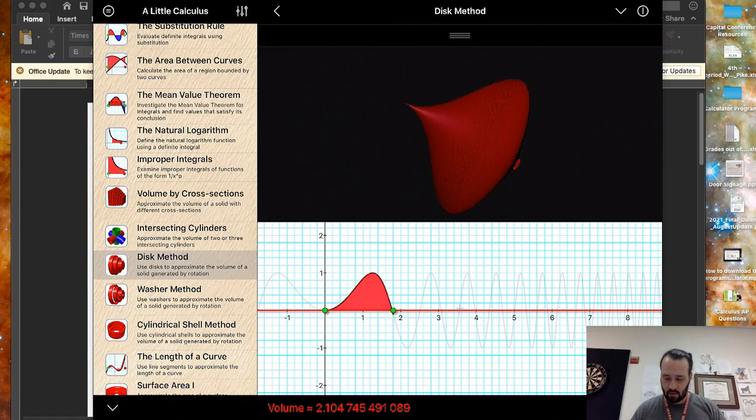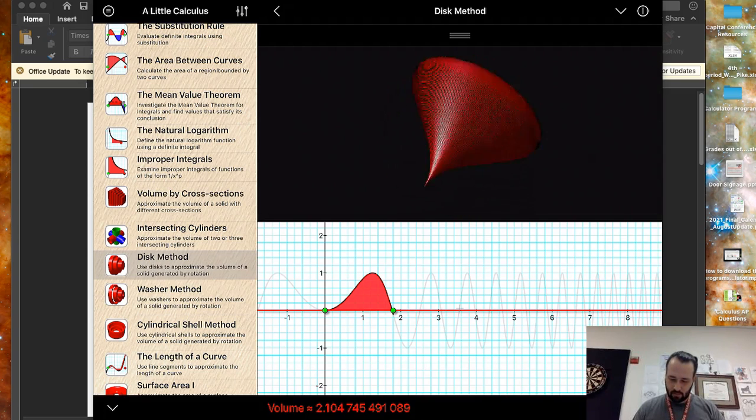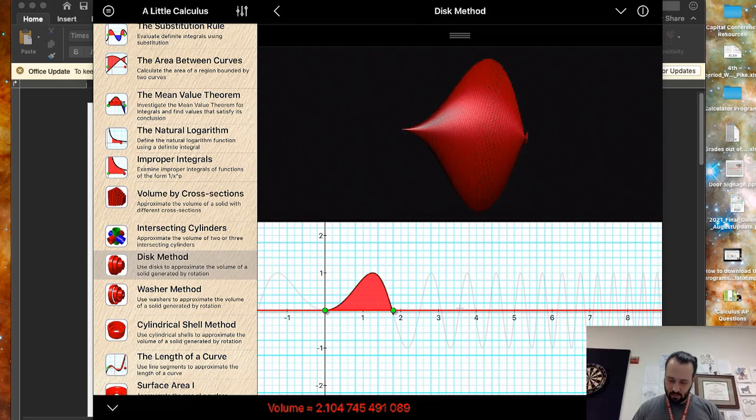There it is. So I don't know what I made, but it is this figure. It's taking this region right here, which looks like half of something, and rotating it about the x-axis.